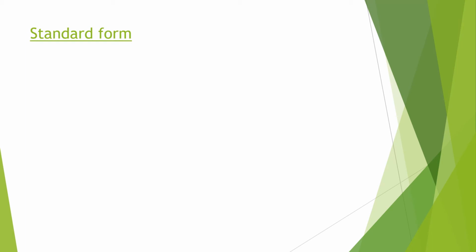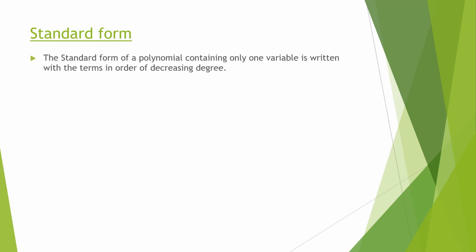The standard form. How to put the polynomial in the standard form? Standard form of a polynomial containing only one variable is written with the terms in order of descending degree. What does that mean?